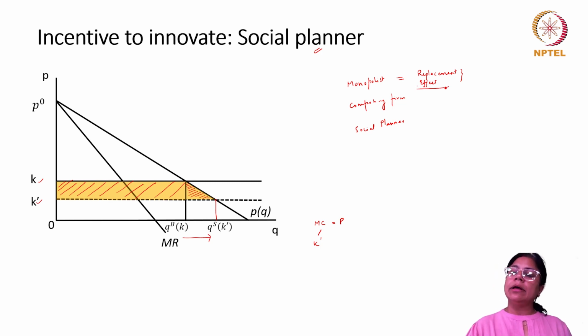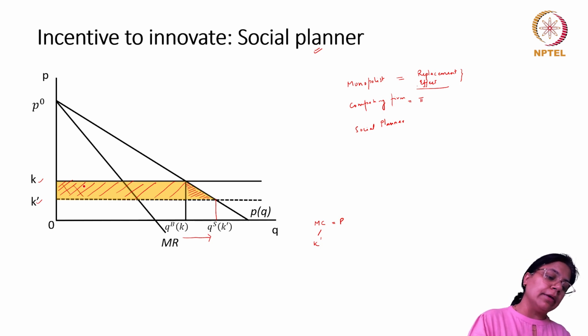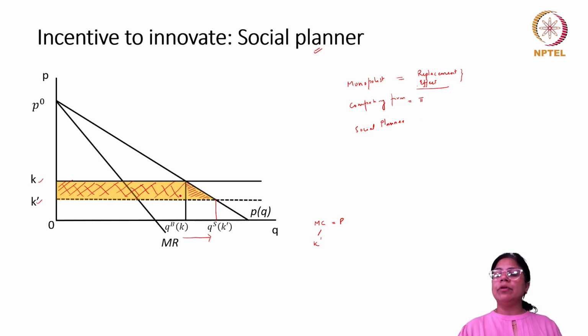On the other hand, a competing firm has nothing to lose. So whatever they gain is new profit. However, even when they do that, they will not be charging the reduced price to the consumer, as they will have no motivation to do that. They will continue with the K, and as a result the profit that they will make is rather less. But from a social planner's point of view, if the price falls, that means additional units are now being made available in the market.